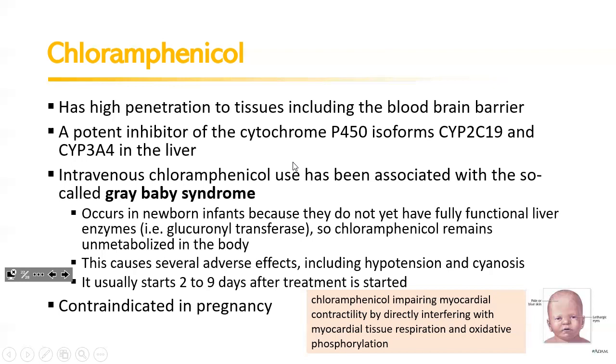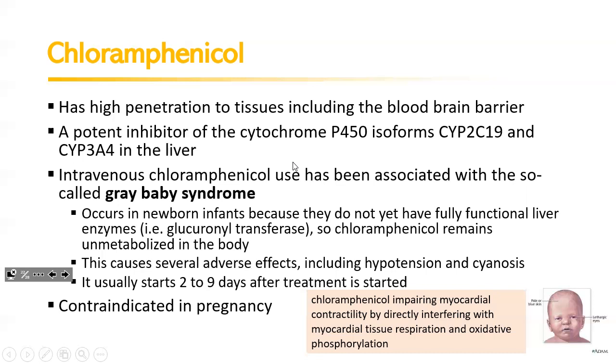So without a good functioning, mature liver, the chloramphenicol will start to accumulate, and that will cause gray baby syndrome, where it interferes with the myocardial respiration process, the oxidative phosphorylation. If you remember your biochemistry, the cardiac muscles depend heavily on this path of respiration.